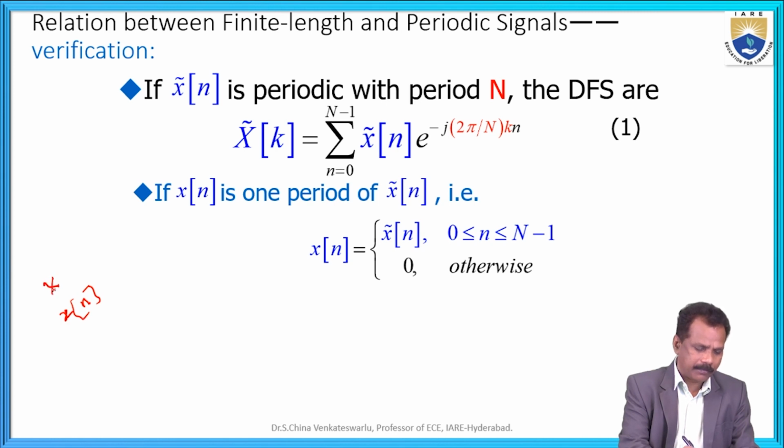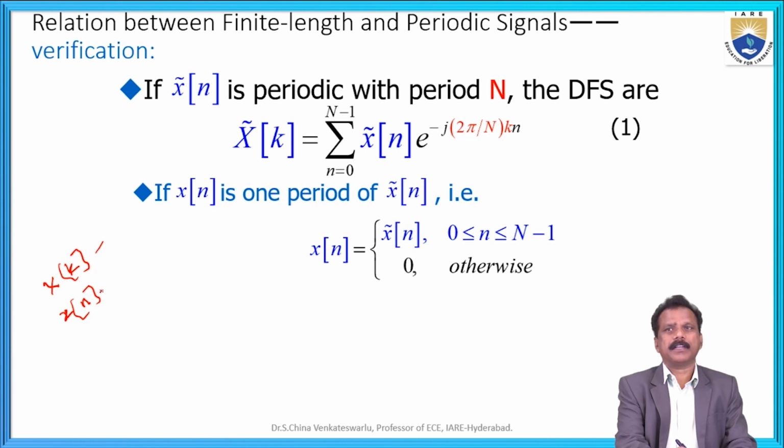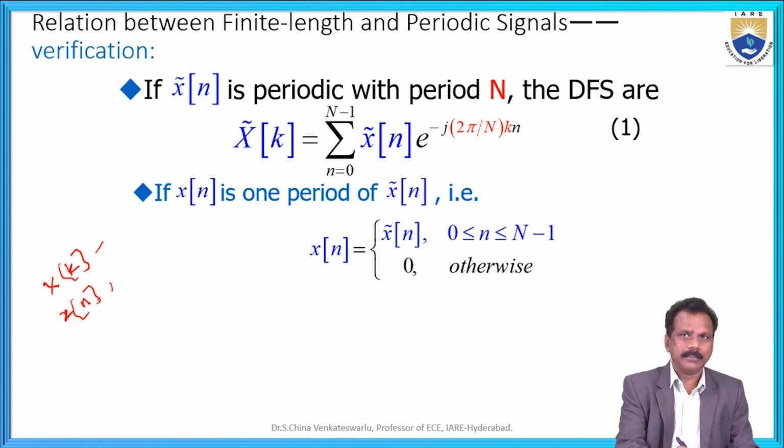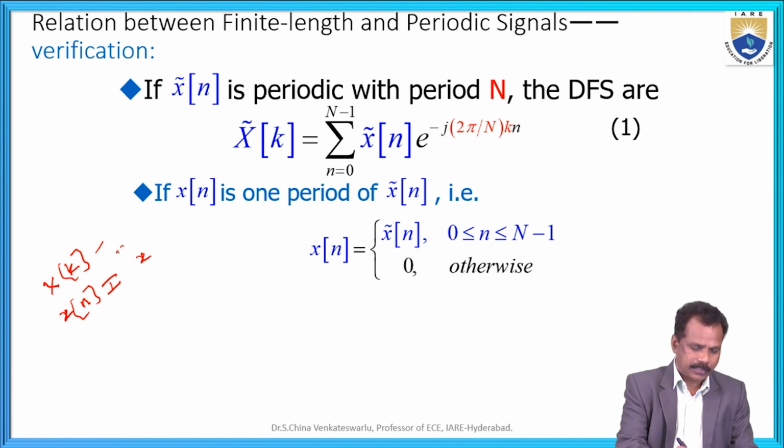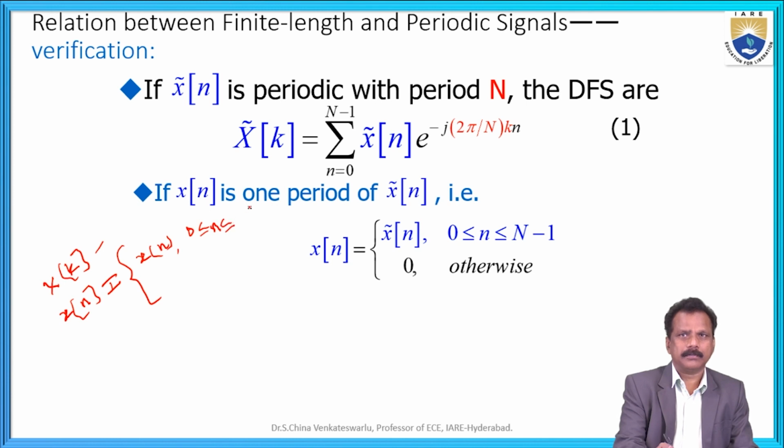We know that X of k is the DFT, where x of n is the IDFT. x of n is equal to x of n for 0 less than or equal to n less than or equal to N minus 1, and 0 otherwise.